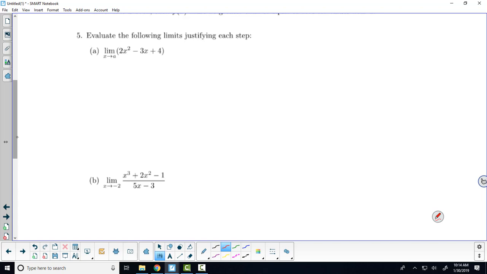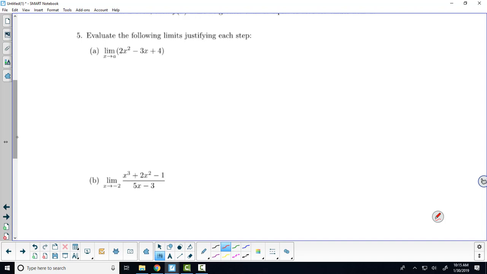All right. So what am I doing here? Well, I'm taking the limit of this function. What does this function have in it? It has a bunch of sums and differences. What did we say about limits with respect to sums and differences? They distribute over, right? We said the limit of a sum was the sum of the limits. Okay?